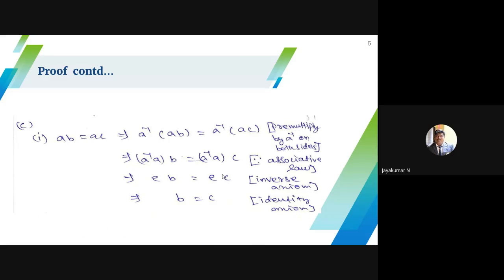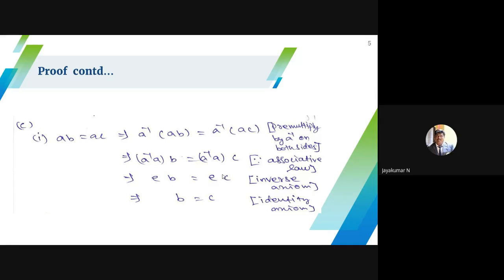Then this is the proof of the left cancellation law. You already studied these four things in school itself, just go through it. It's the easiest one. We use only the associative axiom, inverse axiom, identity axiom, that's all.